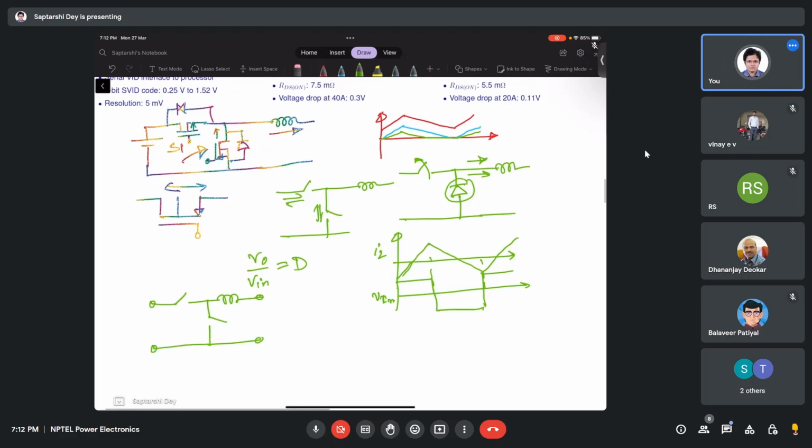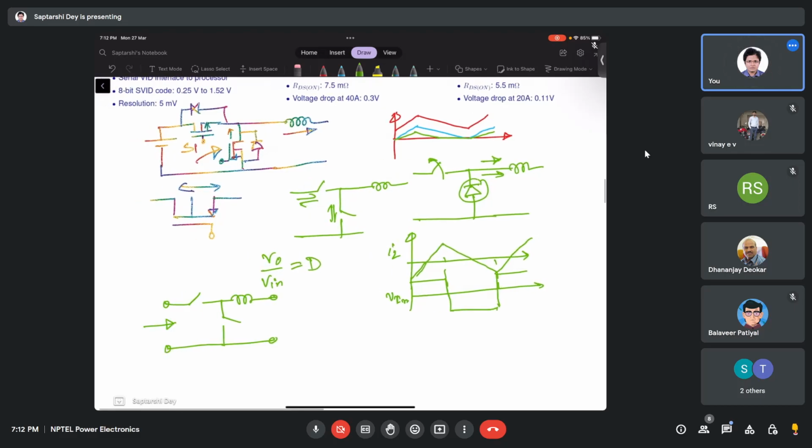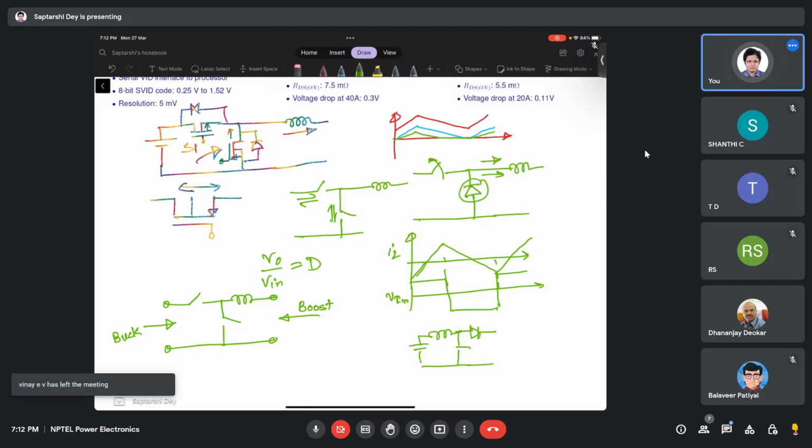So if I look from this point of view, it is a buck. Now see, if you look from this point of view, it is a boost, isn't it? The boost converter looks like this. So from this point of view, it is a buck converter. From this point of view, it is a boost converter.